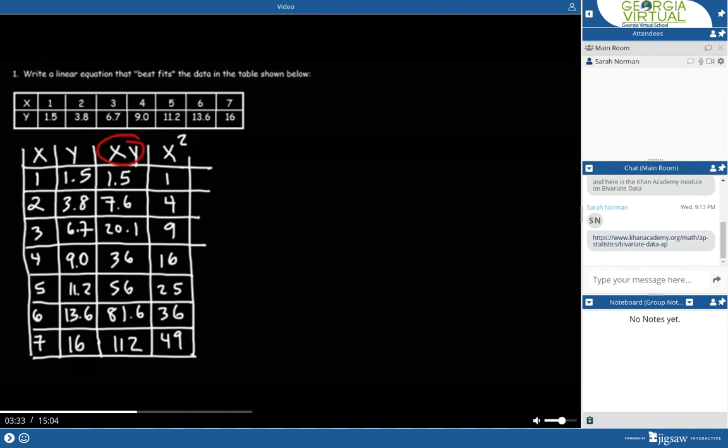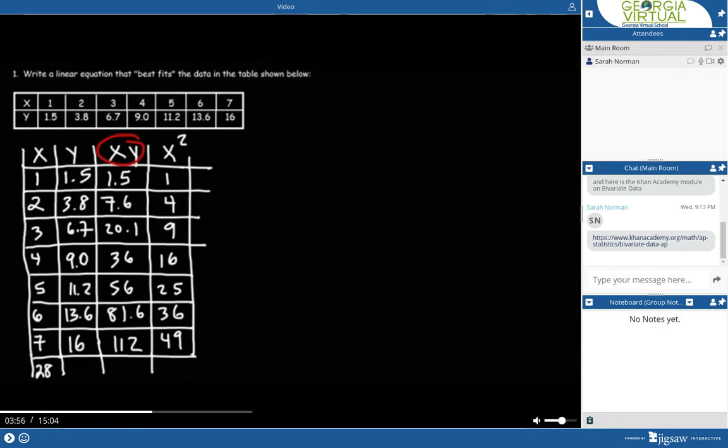So let's start with the sum of the x values. Let's add up every number in the first column. 1 plus 2 plus 3 plus 4 plus 5 plus 6 plus 7. That's going to be 28. Now let's take the sum of the y values.